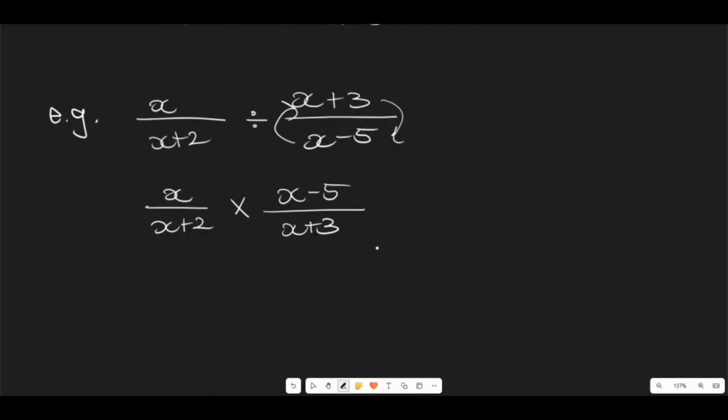And then over here, you can see we now have the multiplication of fractions. So we have x multiplied by x minus 5 divided by x plus 2 multiplied by x plus 3.